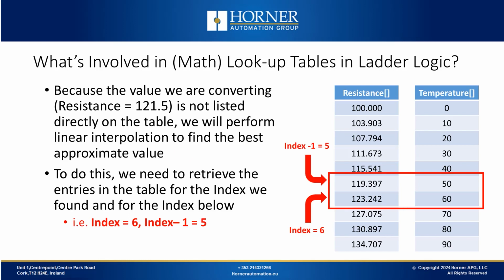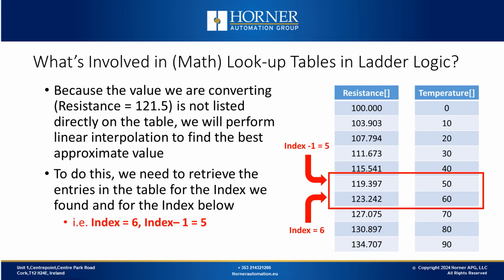In order to calculate the temperature based on the resistance recorded in this table as accurately as possible, we will retrieve 4 values. We will start with the value of the index we have noted, which was pointing at 123.242 on the resistance array. We will then create another index variable, which has an index of 1 less than this, and retrieve its value.